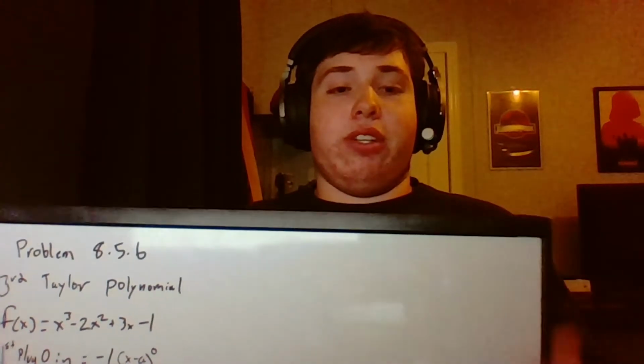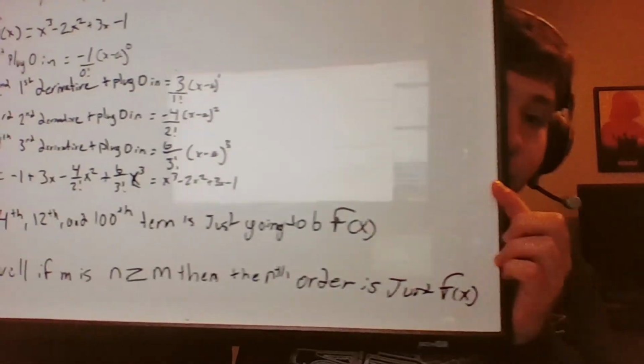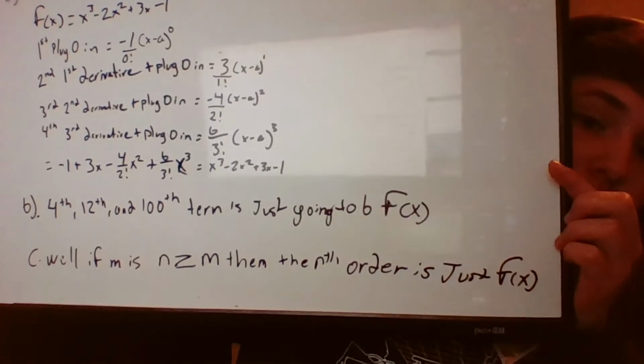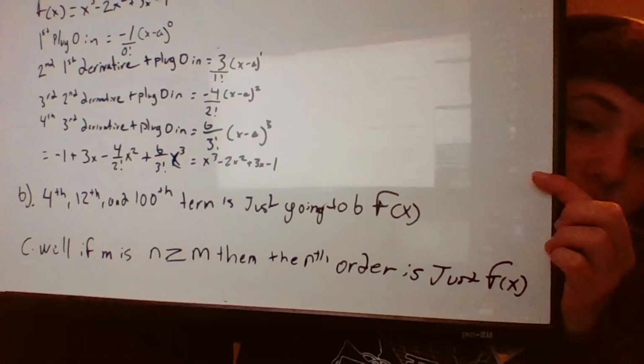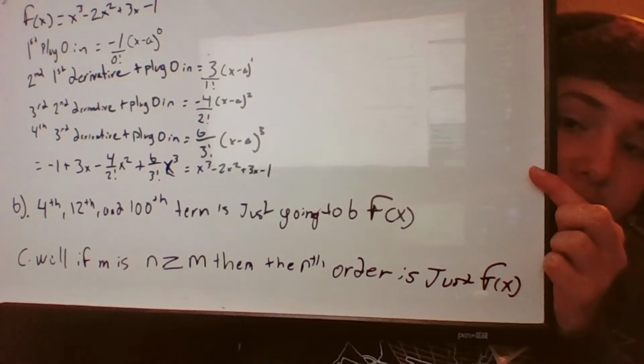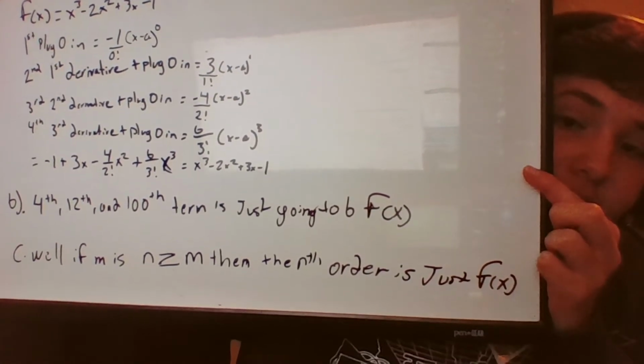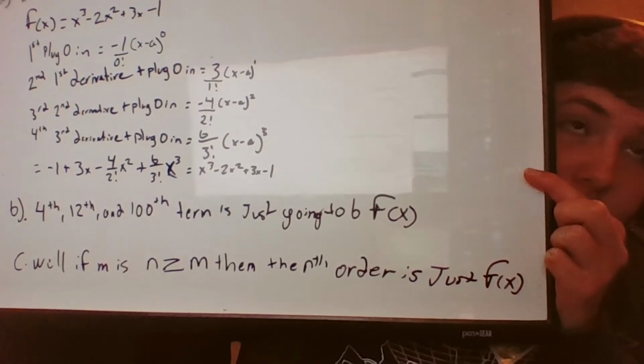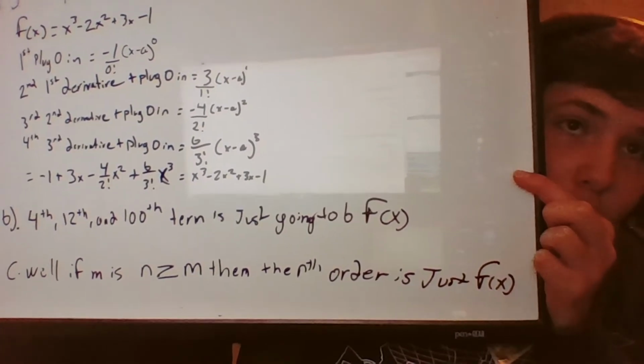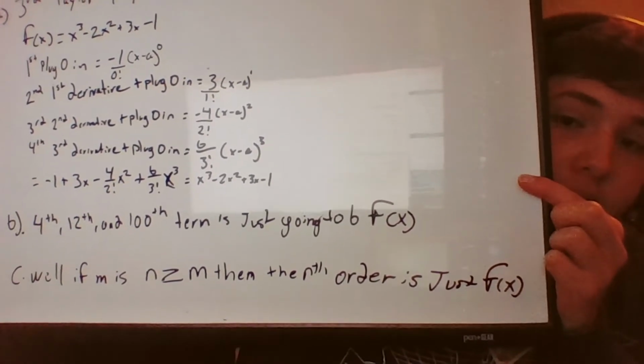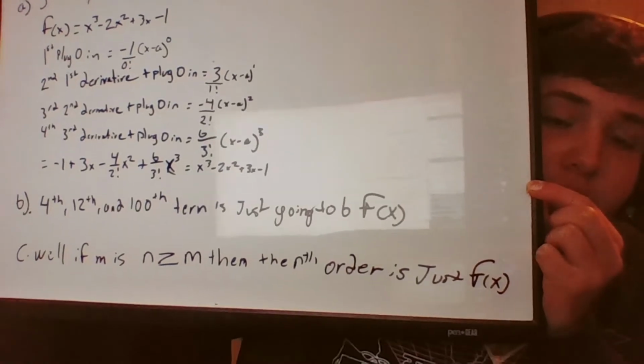Basically, if m is greater than or equal to n for the nth order, then the nth order polynomial is again just going to be equal to f of x, because it gets cut off after the third one, because it's just 0.